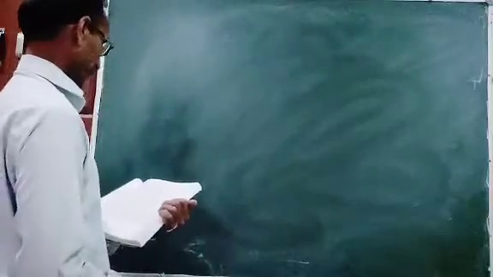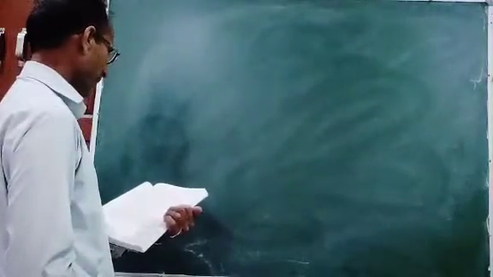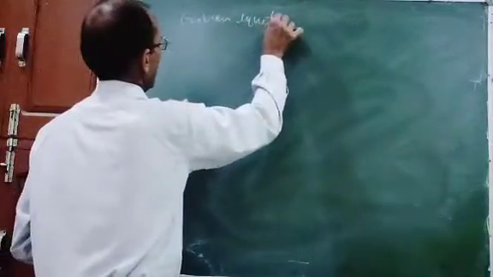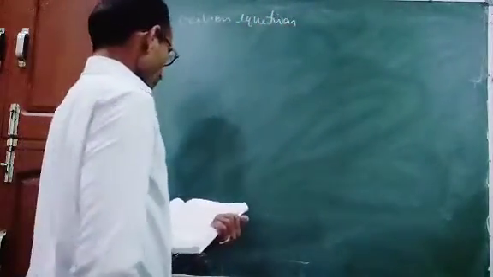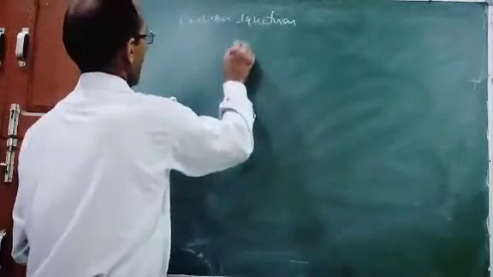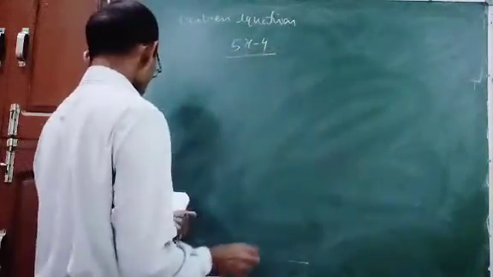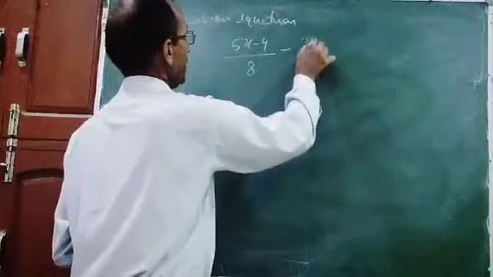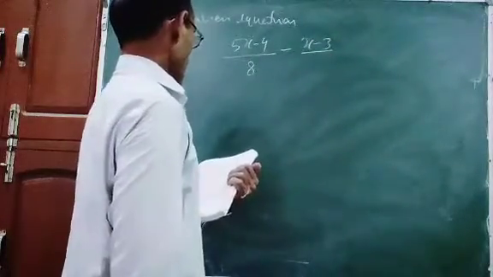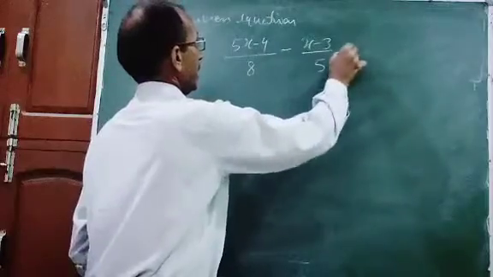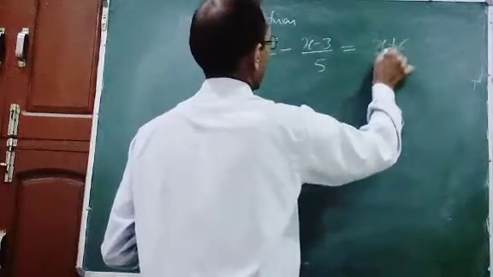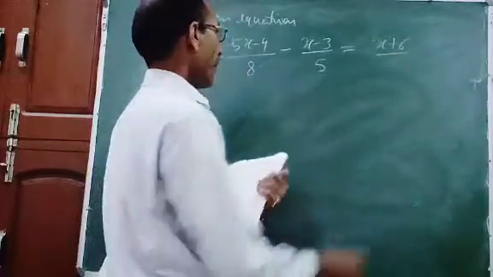Question number 4. Verify that x is equal to 8 is the solution of the given equation. The given equation is 5x minus 4 by 8 minus x minus 3 by 5 is equal to x plus 6 by 5.